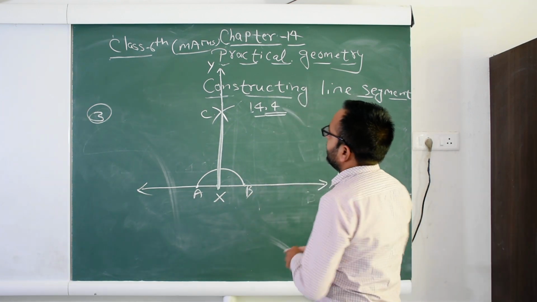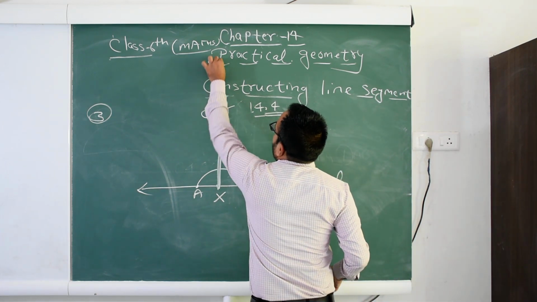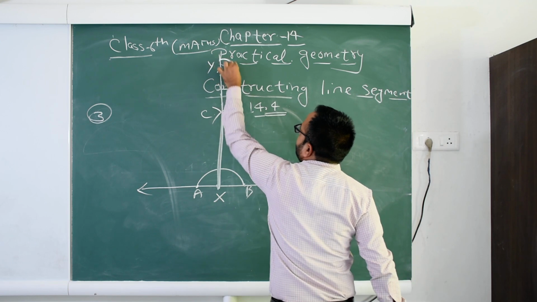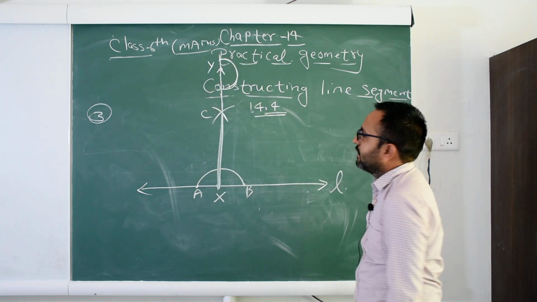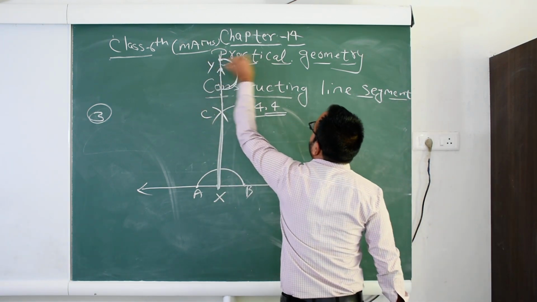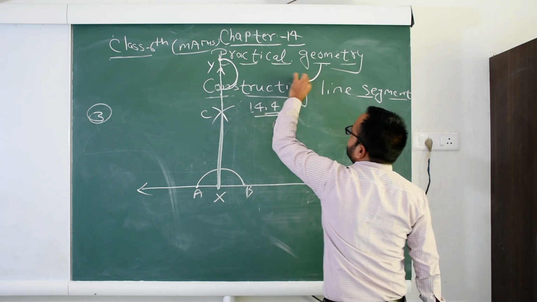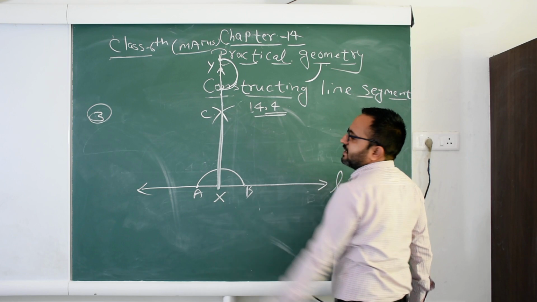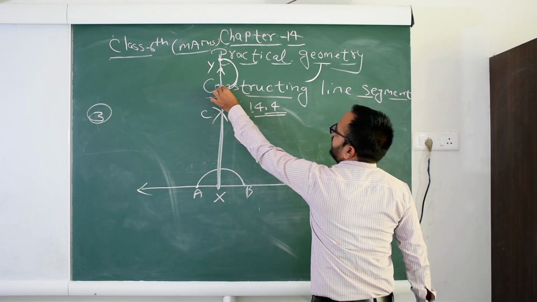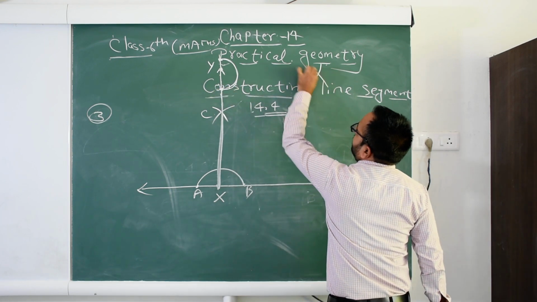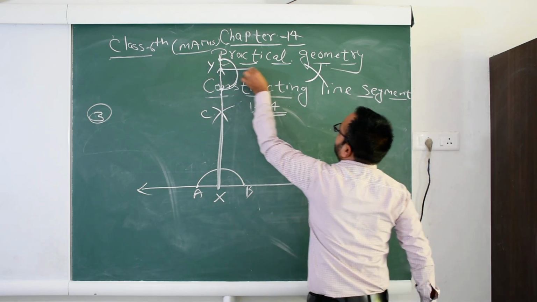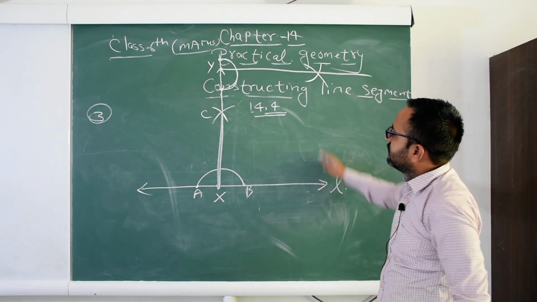Now again at this point we cut an arc here. Now with Y as the center, cut an arc here, and with the same radius cut an arc from the other point, again we cut an arc. Now we join this.